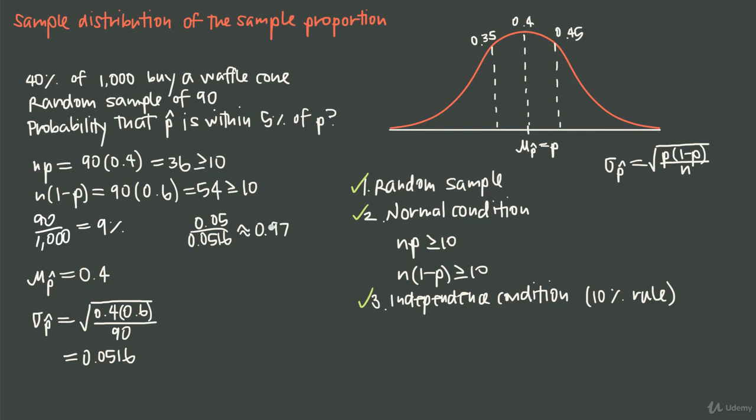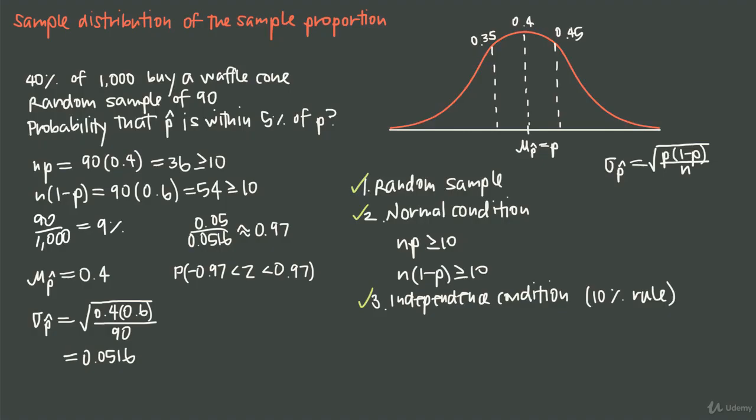But now that we have this in terms of standard deviations, we can actually look this up in a z-table to figure out our probability. So we're really looking for the probability that we stay within negative 0.97 and positive 0.97 in our z-table. Now, if we look up positive 0.97 in our z-table, we get a value of 0.8340.